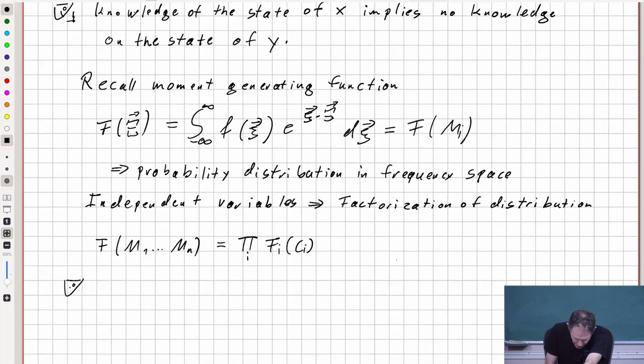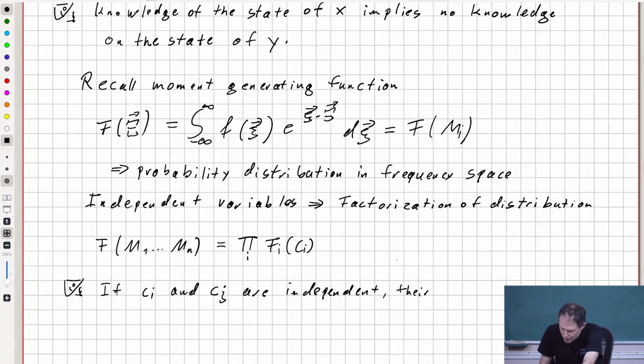Okay, let's also write this down for future reference. So if ci and cj are independent, their joint probability, the probability that both of them come together, factorizes into their individual probability distributions.